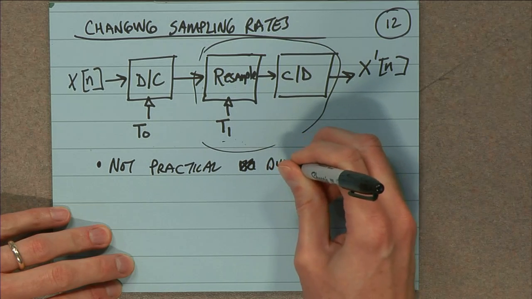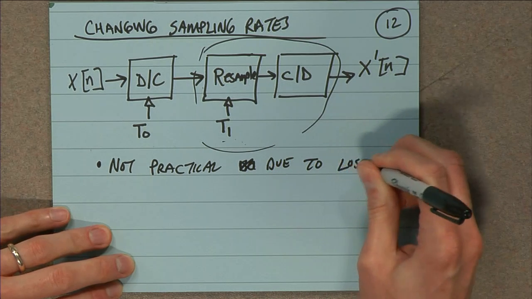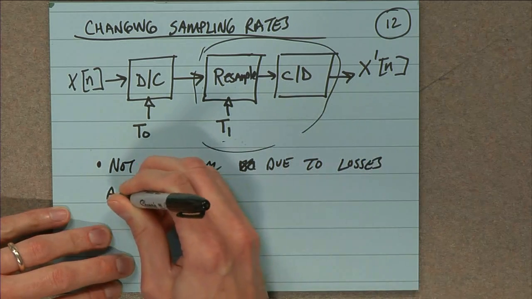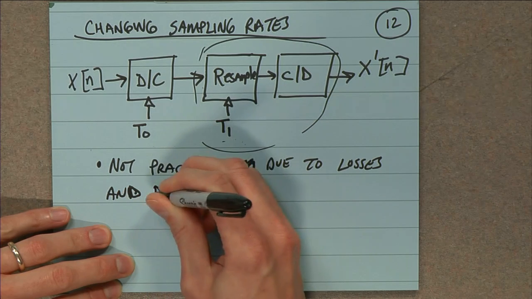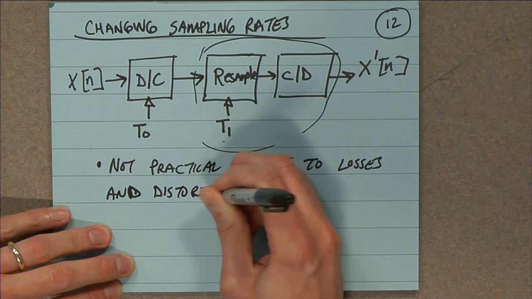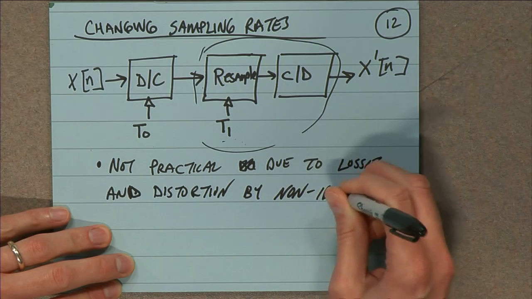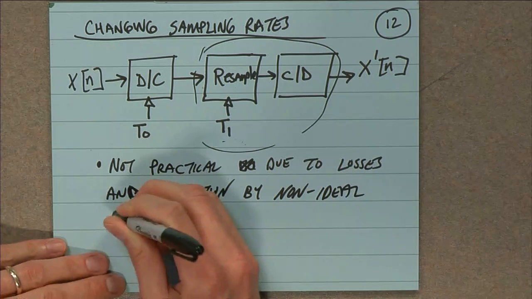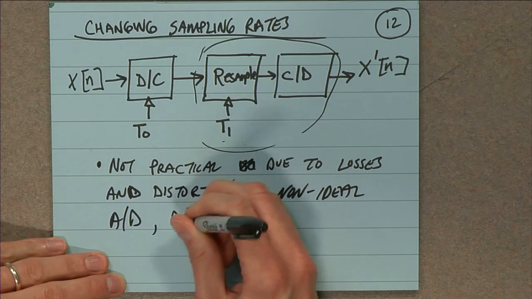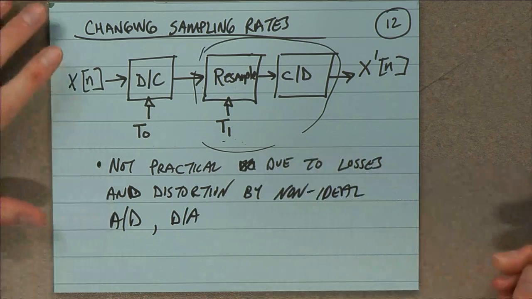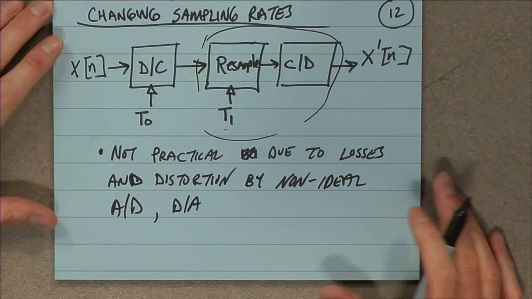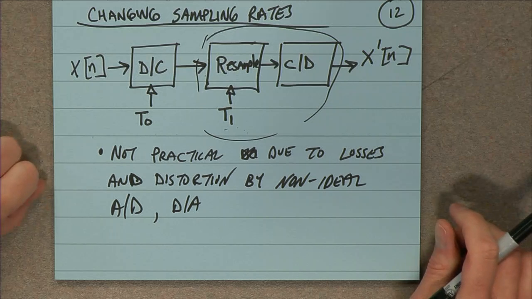And it's due to losses and distortion by these non-ideal components, A to D, D to A, and of course just the component cost of having to put all this stuff together.